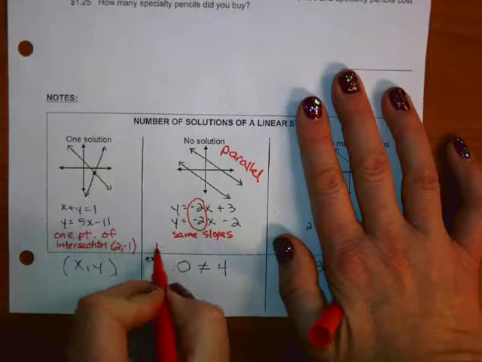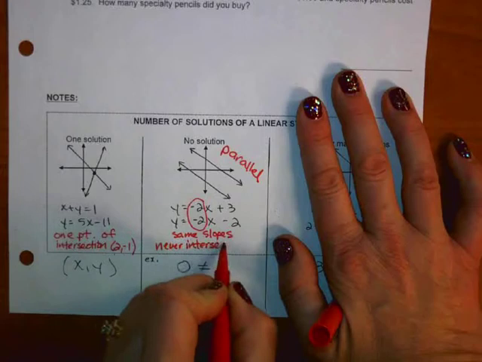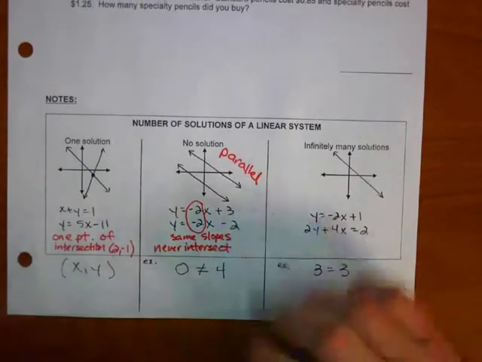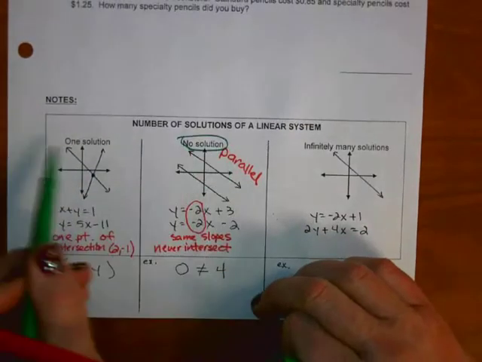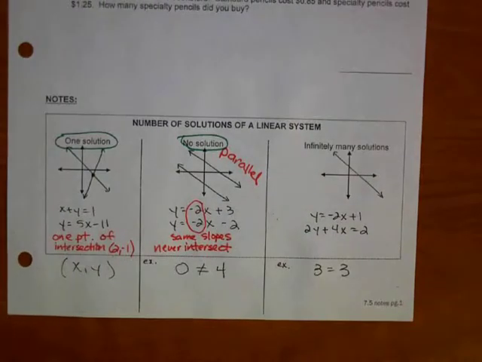They will never intersect. Never intersect, so there's no solution. Because the solution is where the lines intersect, correct? And if they're parallel, they're never going to intersect.